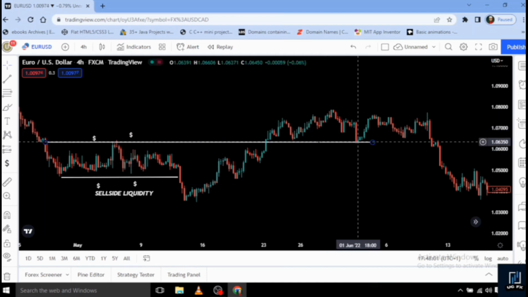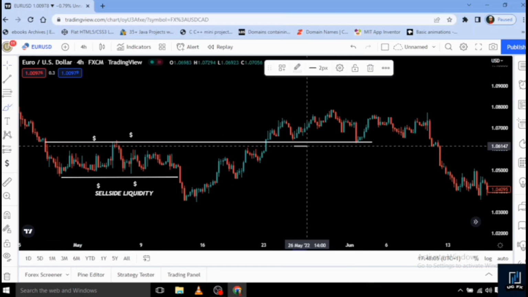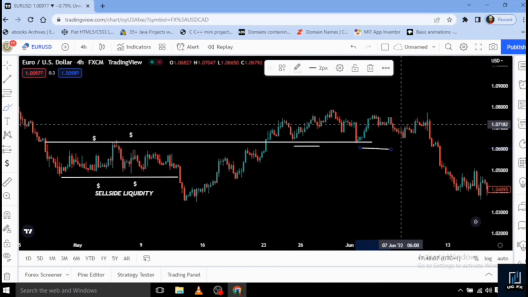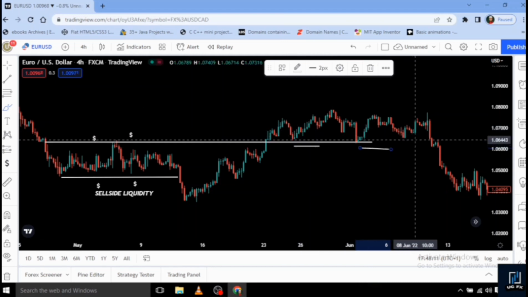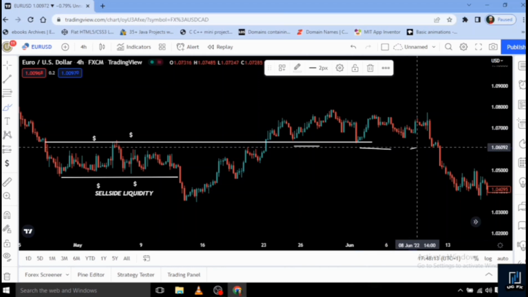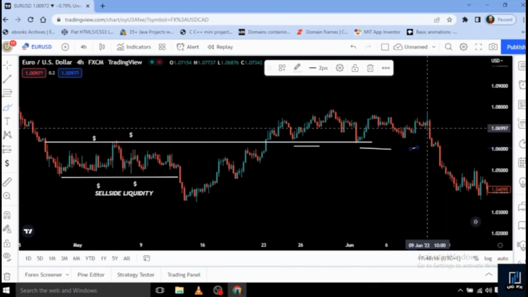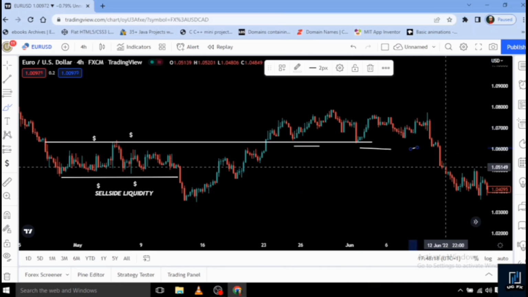So we have people that are actually buying and they have their stops below all these areas. As you can see, market came down again. This was trying to present a strong support, but as price kept testing this area, it was finally taken out. So this is what we now target, buy side liquidity.